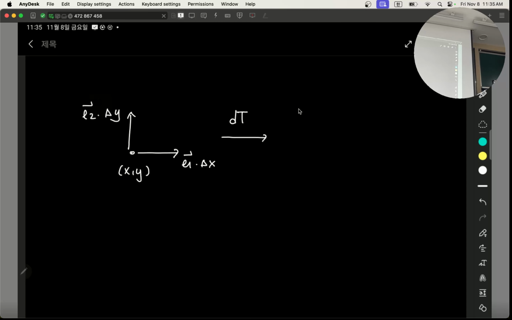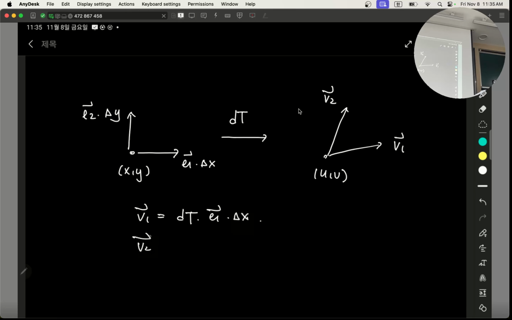And of course, it maps to V1 and V2. So V1 is assumed to be the transformation of the E1 vector by the differential of t, taking E1 delta x, and V2 is dt of E2 delta y.